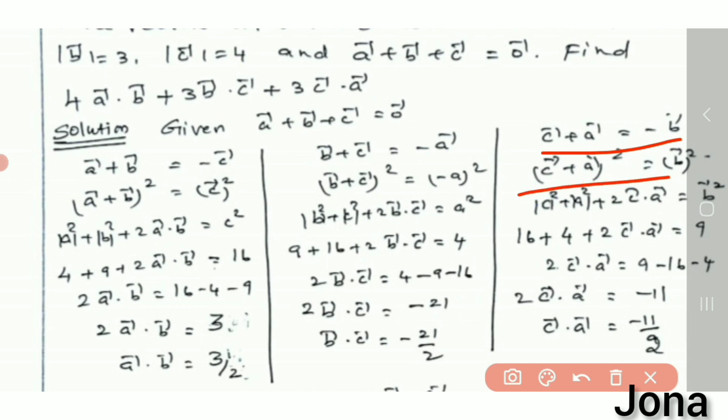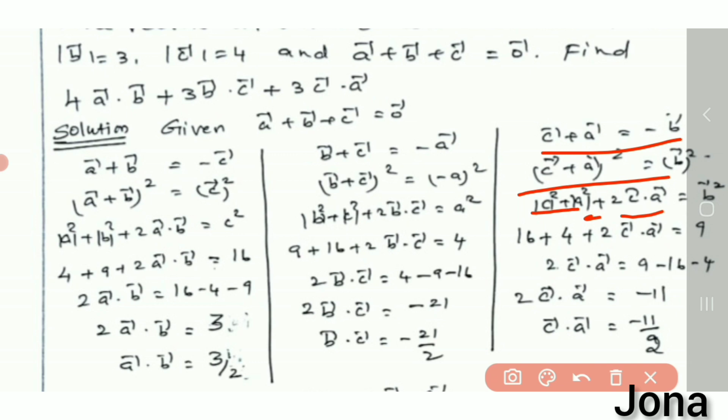Okay, and then next C plus A equal to minus B. Squaring on both the sides we have C vector plus A vector the whole square equal to B vector square. So again we expand by the formula A plus B the whole square. We get modulus of C vector square plus modulus of A vector square plus 2C dot A equal to B square.